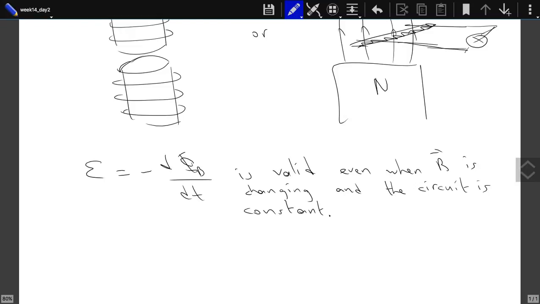Either it is moving around, or its magnitude might be changing, or it might be doing both. In this case also, we have an EMF generated.